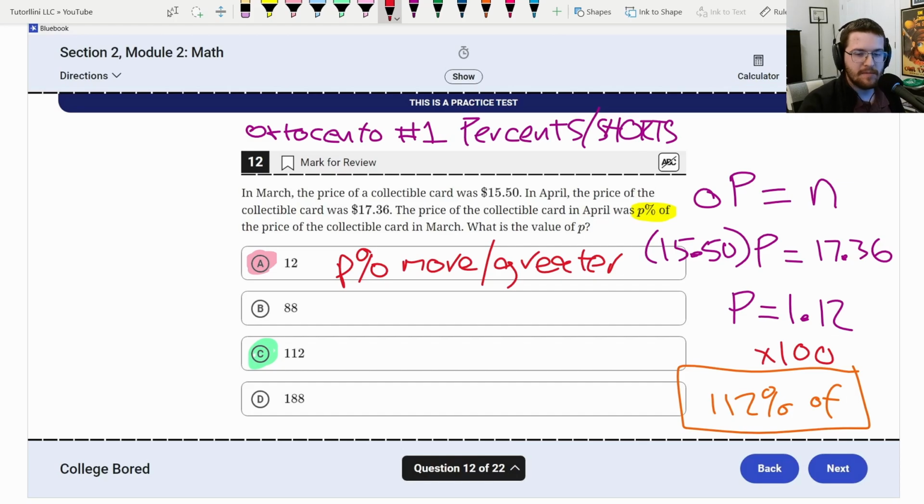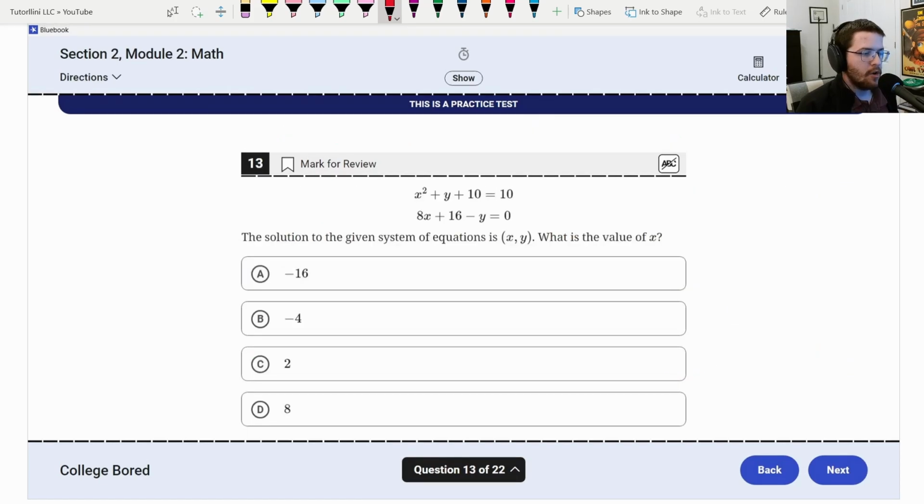Hopefully that helps. Okay, question 13. So this is a linear quadratic system, so if you're going to do this by hand, you should really use substitution. So I'm trying to look in both of them like, what would be a really easy thing to get by itself? And I think this y would be pretty easy to get by itself. All I need to do is add y to both sides. So I get 8x plus 16 equals y.